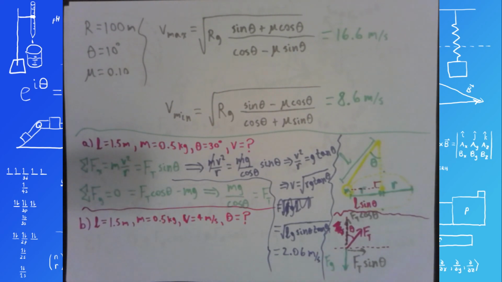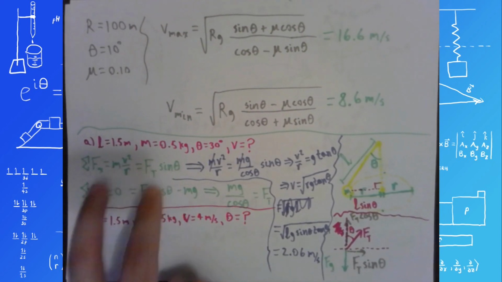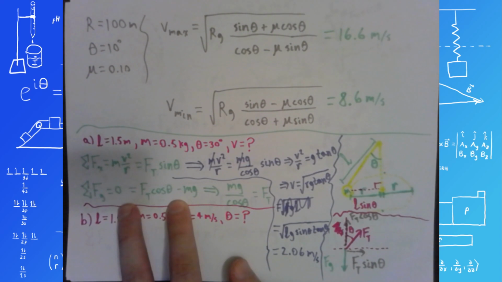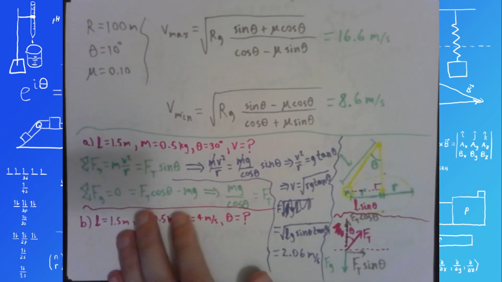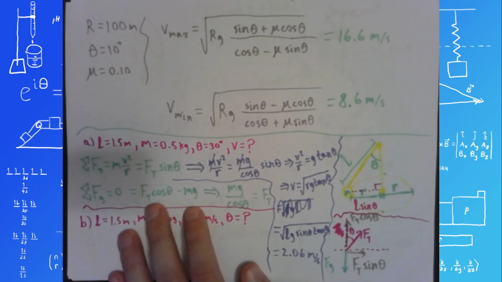Now, one of the other benefits of not plugging in your numbers too soon is that you can reuse some of the work that was done in part A. Let's see what has actually changed. These relationships haven't changed. It's still true that the net force vertical has to be 0, and that the force upward is force of tension cosine theta and the force downward is mg.